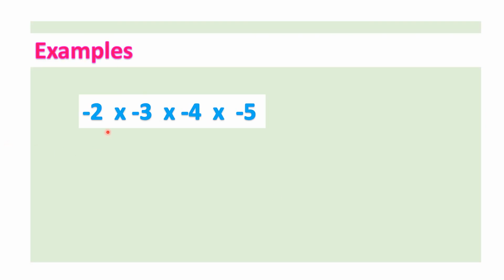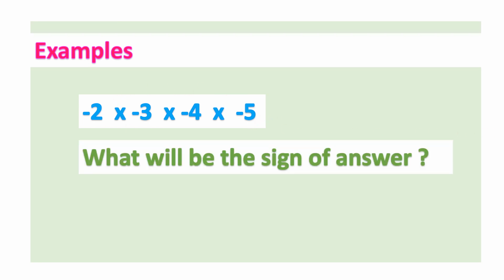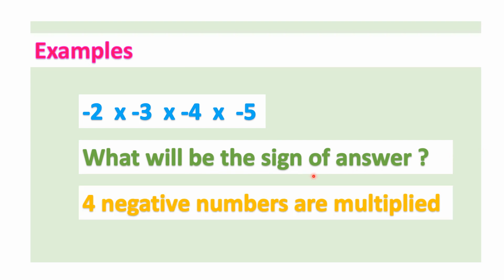Look at this example. All are negative integers. 1, 2, 3, 4. How many negative integers? 4 negative integers, right? What will be the sign of the answer? The integers are -2, -3, -4, -5.